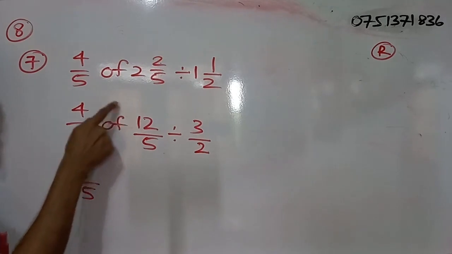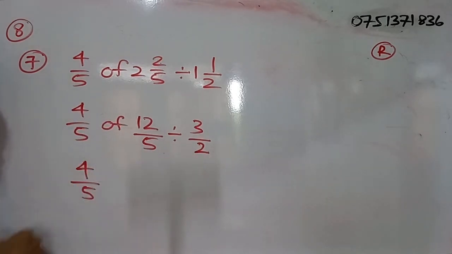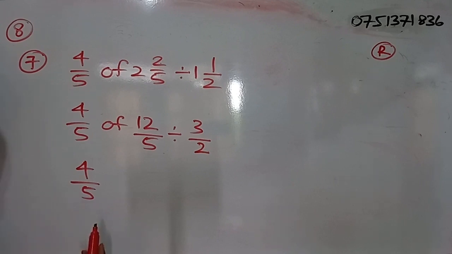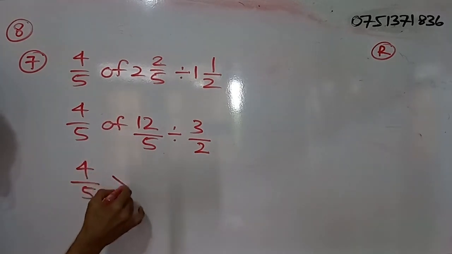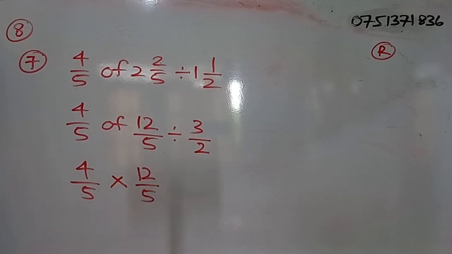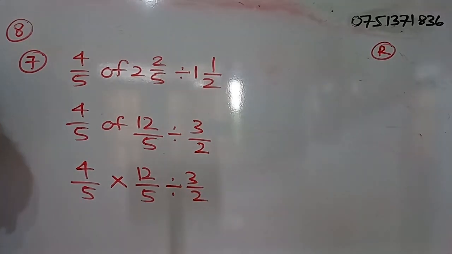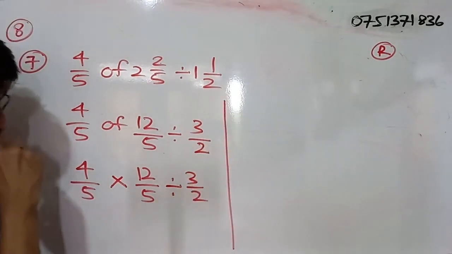So here we have to simplify these two first, then we have to move to this BODMAS according to the BODMAS rule. Right, so we replace of with the multiplication symbol, then 12 by 5 divide that by 3 by 2. Okay, so can we do some simplifications here? No, right.